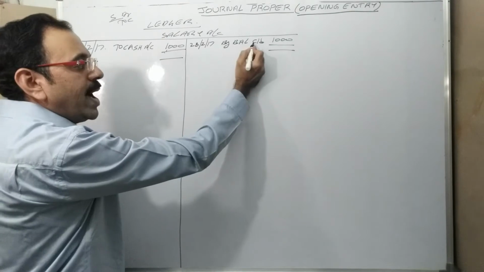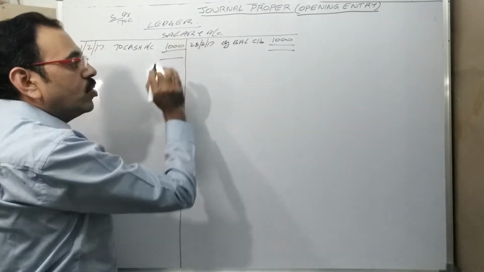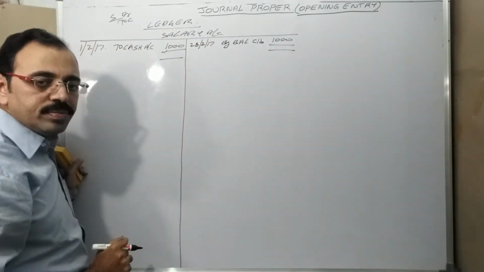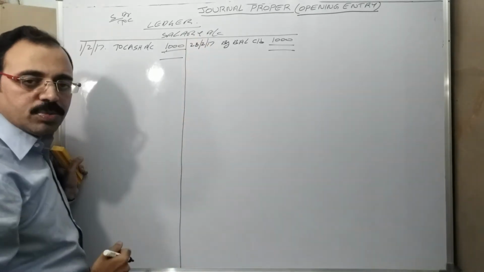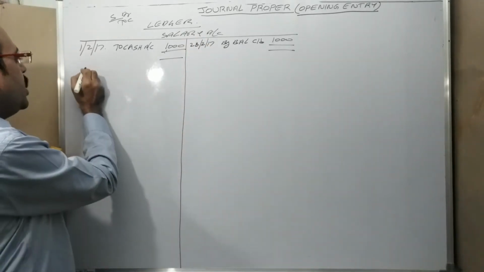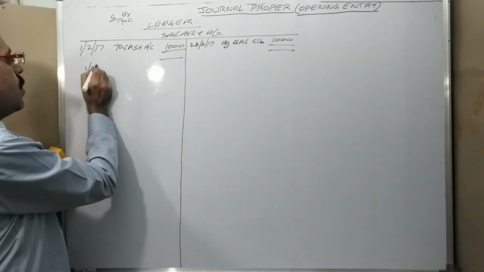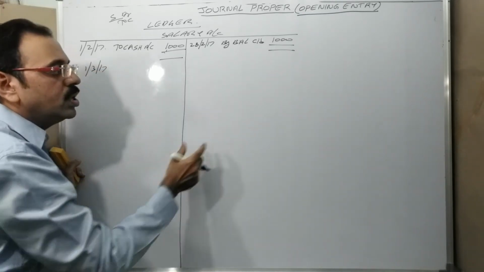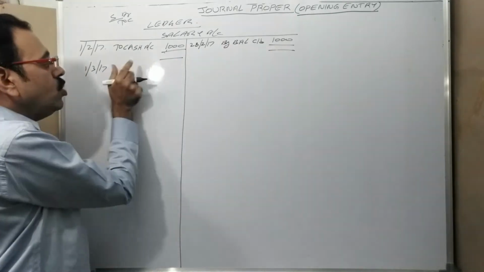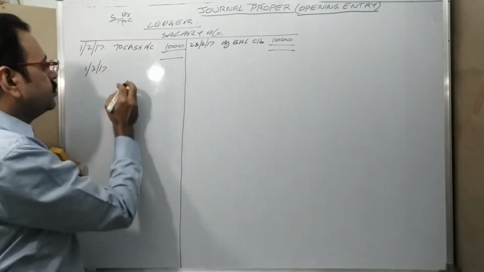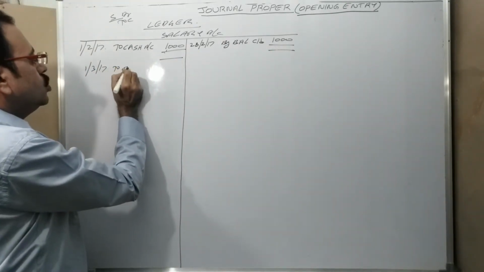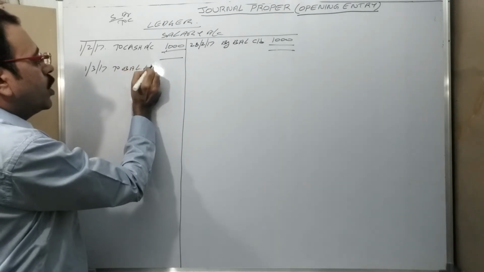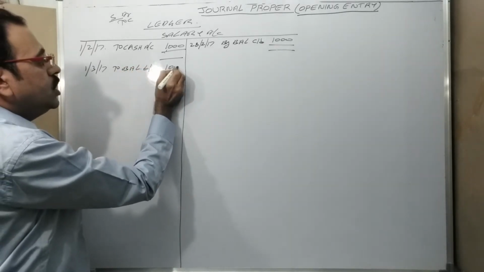Since there is a balance carried down, the salary account is not yet closed, so it continues for next month also. Then what will be the next month? 1st March 2017. First, what should we do? We should bring this salary to next month, to balance brought down 1000 rupees.